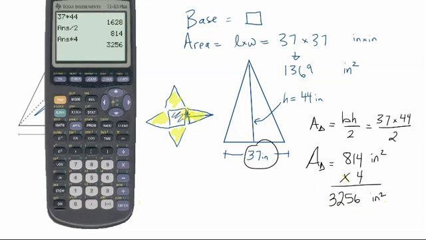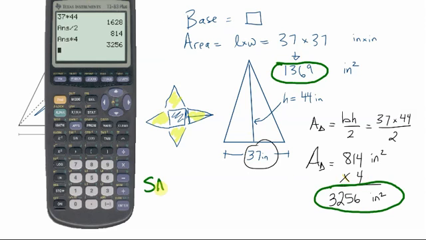Now, essentially, we figured out the area of the square and the total area of the triangles. For the total surface area, here's the area of our triangles, and here's the area of the square on the bottom. What we need to do in the end is add them together.